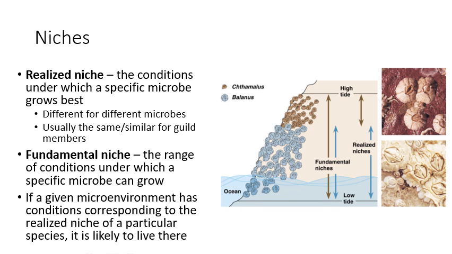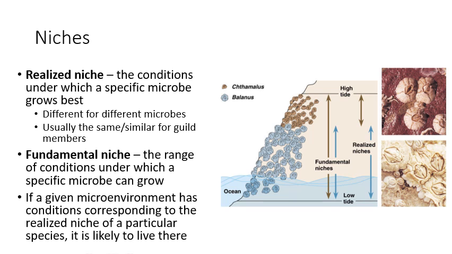So in the lab, when we culture microbes, we're usually trying to provide them with the conditions of their realized niche, just the perfect conditions that will let them grow as fast as possible. In nature, sometimes you have the conditions of the realized niche and sometimes you don't.